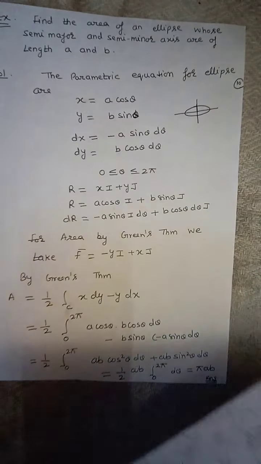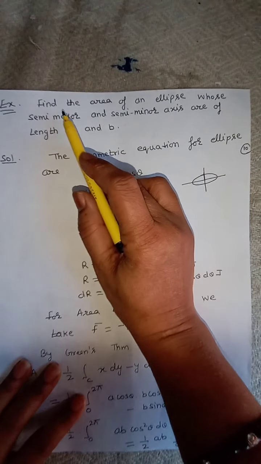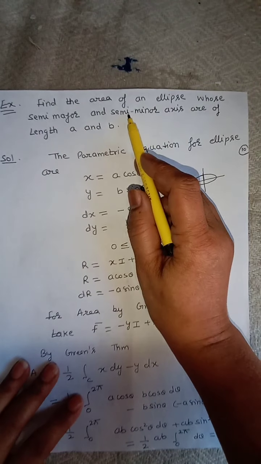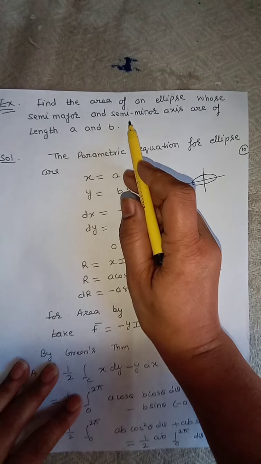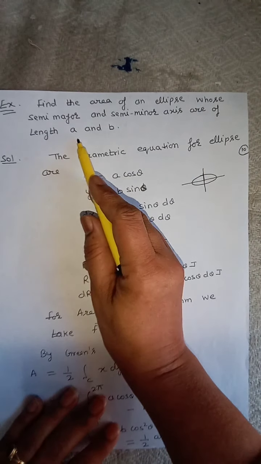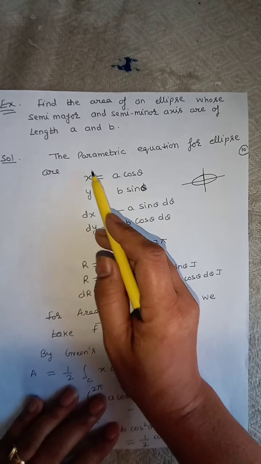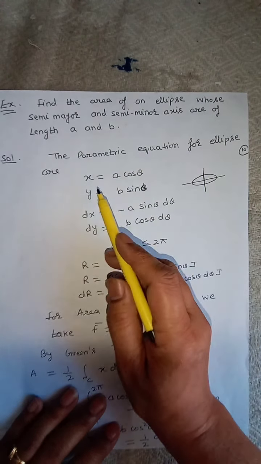Now look at the example on the area. Find the area of an ellipse whose semi-major and semi-minor axes are of length a and b. So first we take the parametric equation for ellipse.